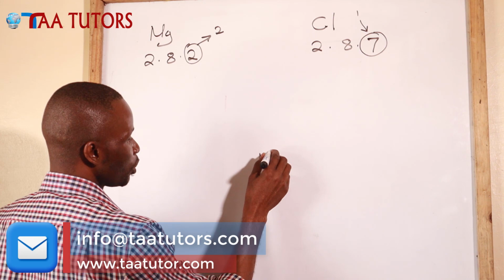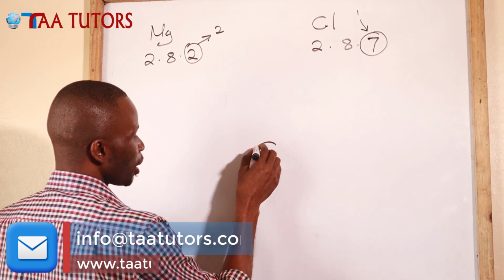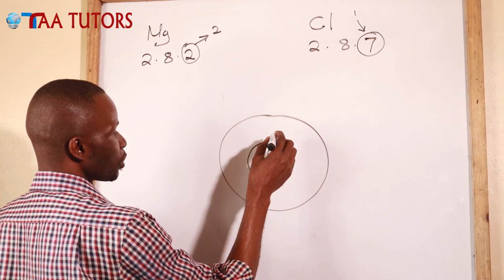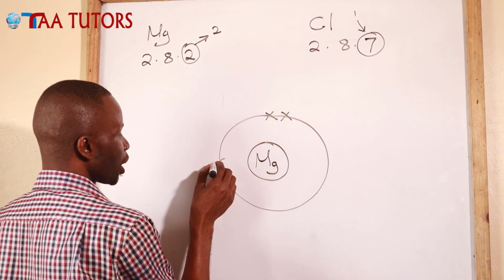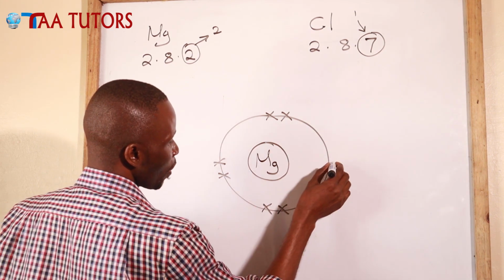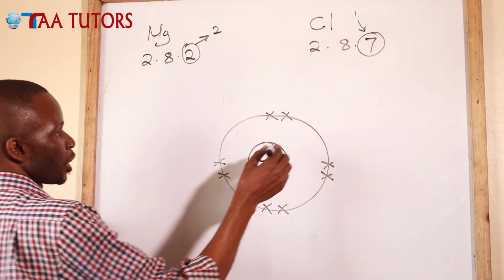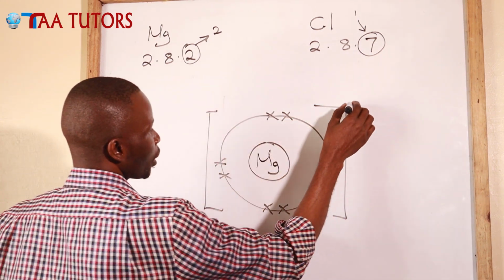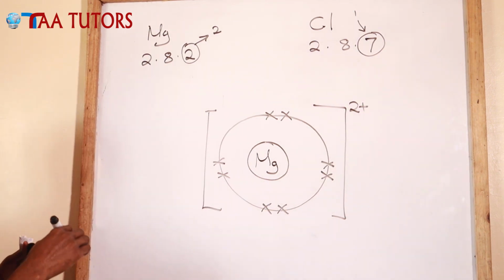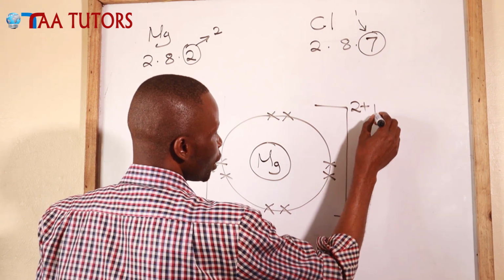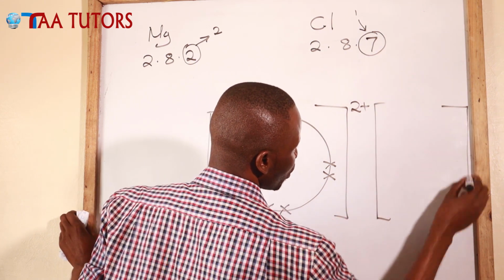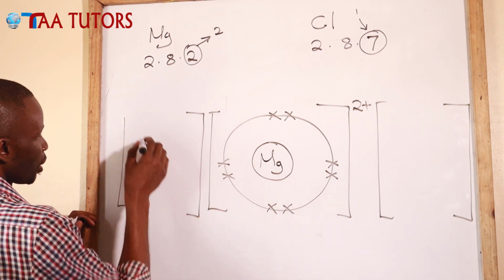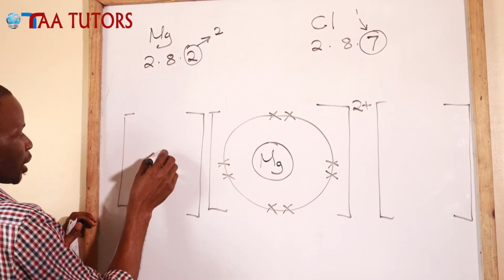So we'll have Mg. I'm going to draw the ionic bond directly, and I know that the outer energy shell now will be having 8 electrons, and there must be a bracket because it is an ion, and this is 2 plus. But there are going to be 2 chlorine atoms. I want to draw one on this side, and another one on this other side, so that I will have Cl here.